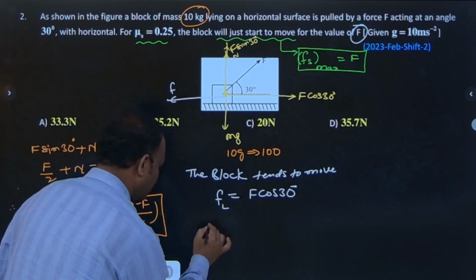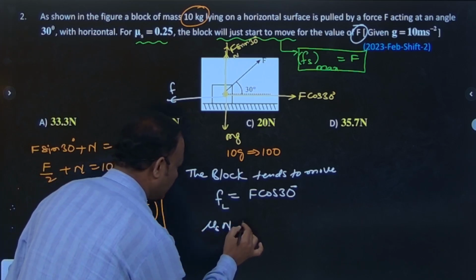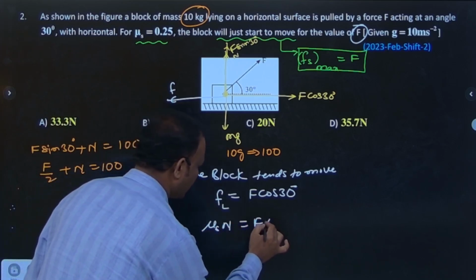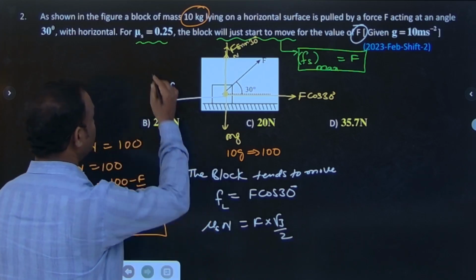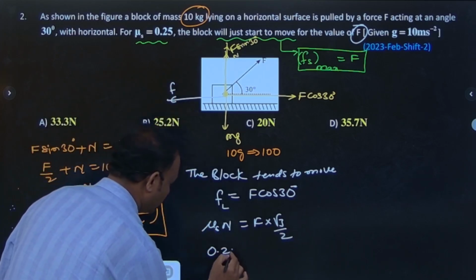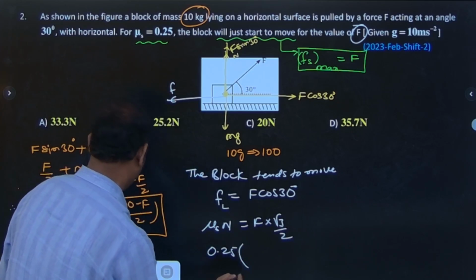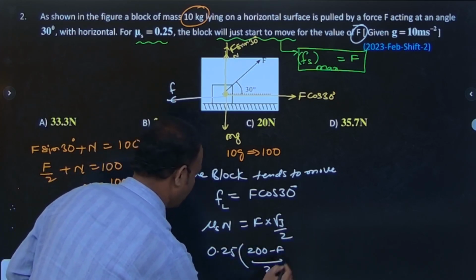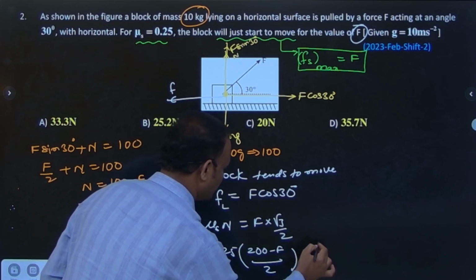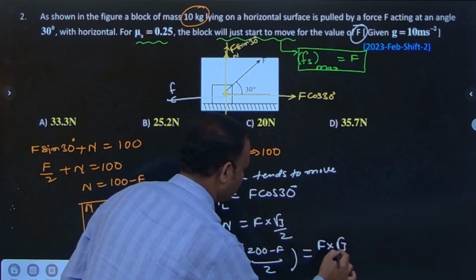So limiting friction, mu S into N, is equal to F cos 30, whose value is root 3 by 2. Mu S is given as 0.25, into N, whose value is 200 minus F by 2, equals F into root 3 by 2.